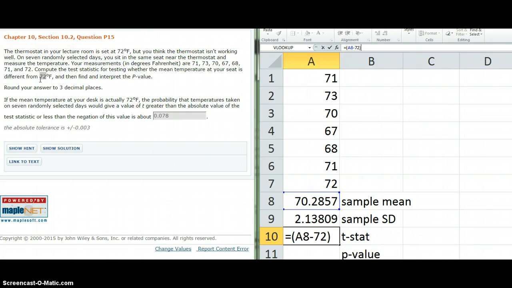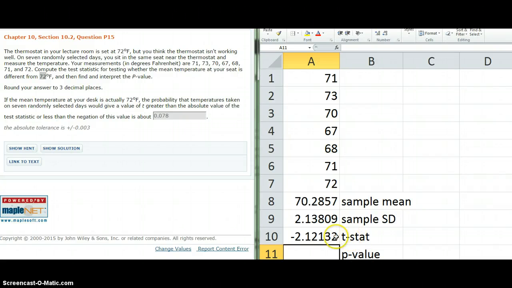But we need that standardized. We need it in a way that we can compare across different types of units. And so we divide by the standard error, which is the standard deviation divided by the square root of the sample size, s over square root of n. And that gives us a t-stat.